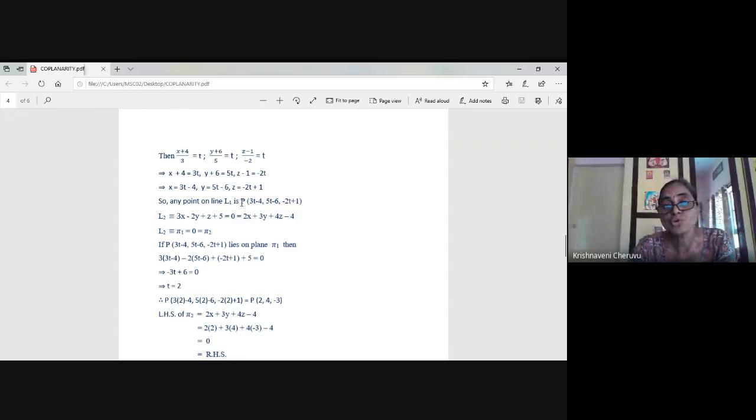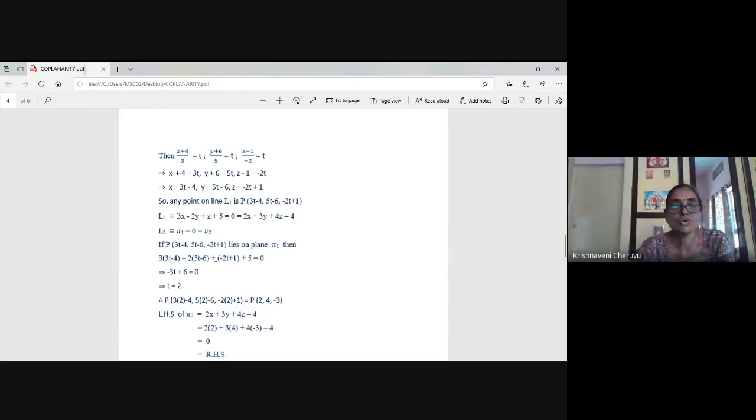First, I'm going to substitute this point in one of the planes of this line L2. So I took the first plane, girls. In this, I substituted this point P, which is 3t minus 4, 5t minus 6, minus 2t plus 1. So for x, 3t minus 4, for y, 5t minus 6, for z, minus 2t plus 1.